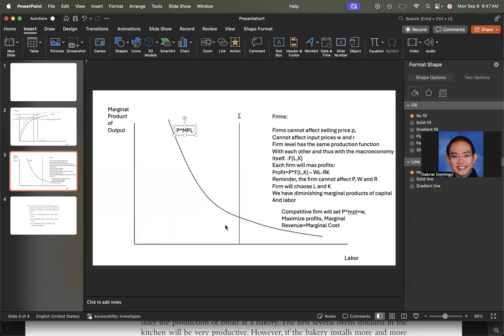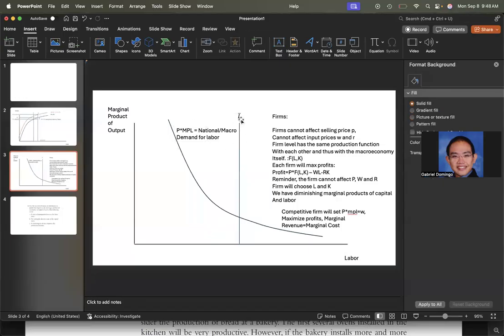And that's how we get this downward sloping line here at the national economy level. So this price times MPL is going to be the national or macro level demand for labor here. So in the end, we will end up with something like this, a downward sloping demand for labor that will come from the fact that the MPL itself is downward sloping when it comes to labor.